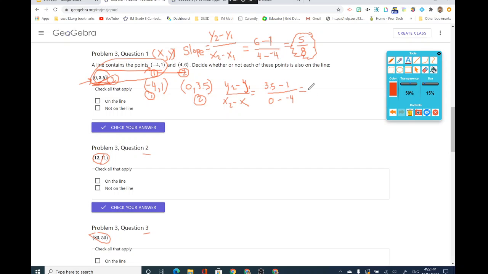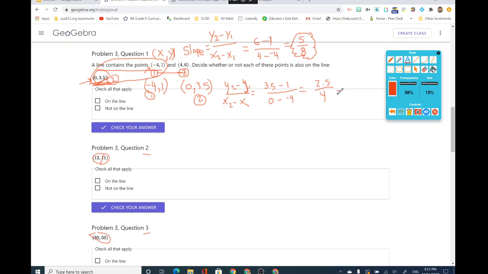3.5 minus 1, that equals 2.5. And then the denominator is 0 minus 4. That equals a positive 4. Oops, my pen tablet is not easy. There we go. 2.5 over positive 4. Aha. Now, is that equal to 5/8?